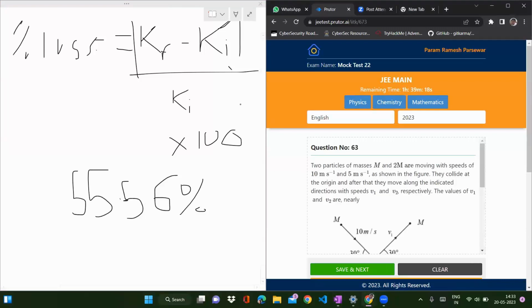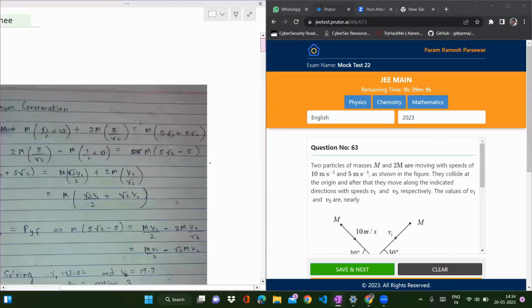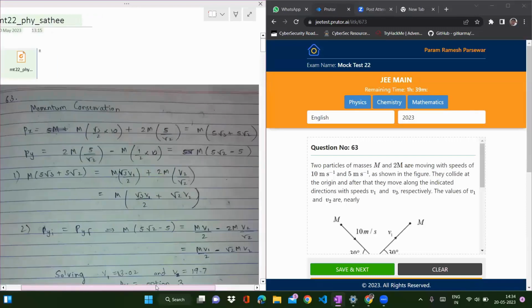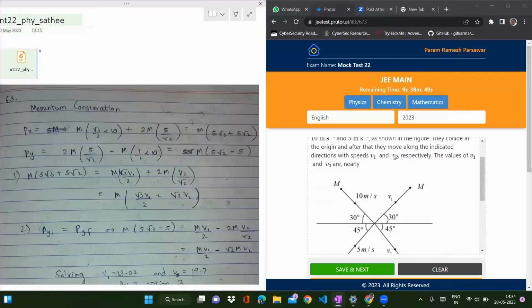Now, in question number 63, it is asked that two particles of mass m and 2m are moving with speeds of 10 meter per second and 5 meter per second, as shown in the figure. They collide at the origin, and after that they move along the indicated directions with speeds v1 and v2 respectively.